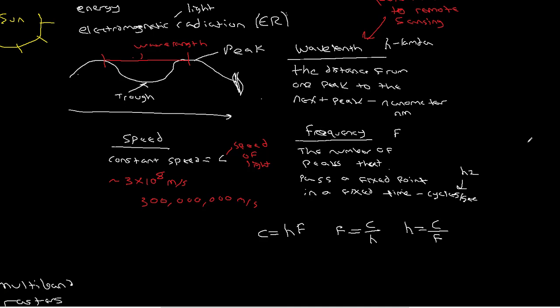So what do these two relationships mean? If wavelength gets smaller, frequency gets bigger. More cycles are passing in a given second. If frequency gets smaller, fewer cycles are passing in a given second. That must mean the wavelength is longer; there's more space between the peaks. What does that mean?